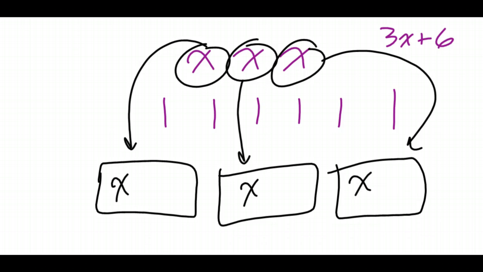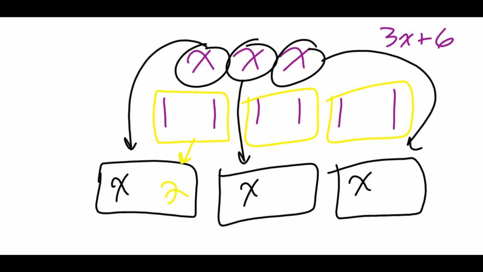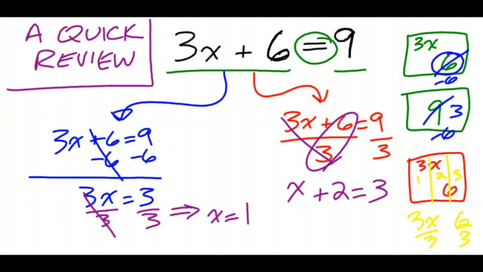But we also need to split the 1's, and the 1's split also into 3 equal groups. So that is why we need to split both 3x and 6 into 3. Subtract 2 from this equation. Get x is equal to 1.